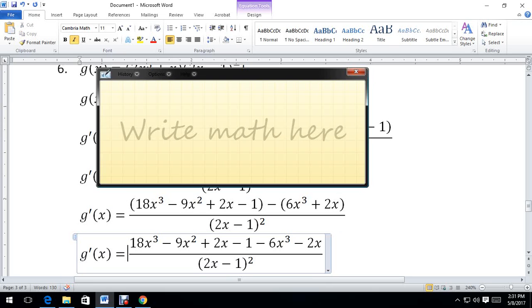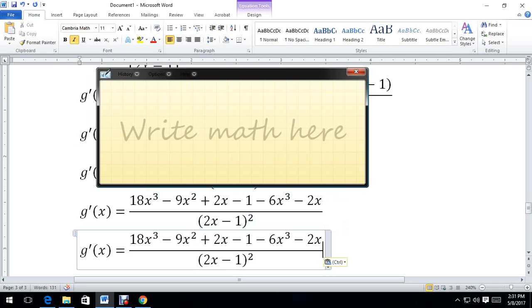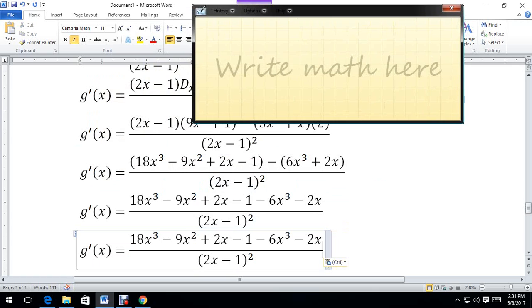So this basically becomes, well, this 18x cubed, of course, combining that with negative 6x cubed. So you have 18 minus 6, that gives you 12x cubed. Okay, so let's just remove negative 6x cubed. As for 9x squared, it doesn't have any similar terms.